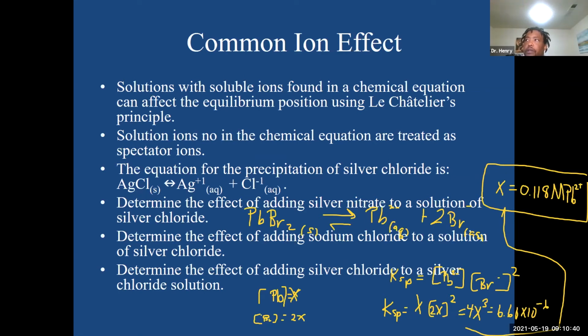Okay, so common ion effect, basically, remember we had talked about Le Chatelier's principle. So if you're adding an ion, you can shift that situation at equilibrium one way or the other. That's all you're doing when we're talking about the common ion effect. So determine the effect of adding silver nitrate to a solution of silver chloride. What's going to happen?